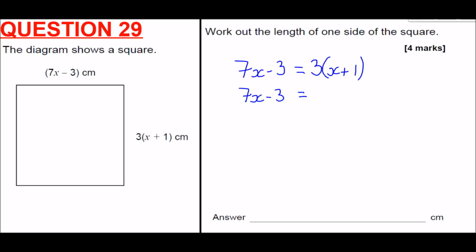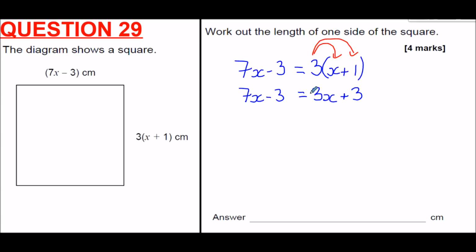So what we can do with this bit here is expand the brackets. Multiplying it out, 3 multiplied by x is 3x, and 3 multiplied by 1 is 3. Now we've got x's on both sides of the equation. What we need to do is have all the x's together on one side and the units together on the other side.